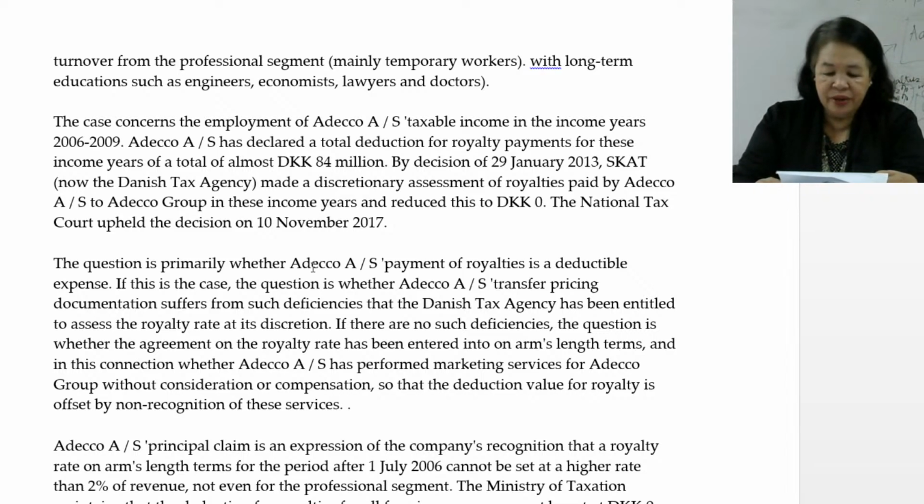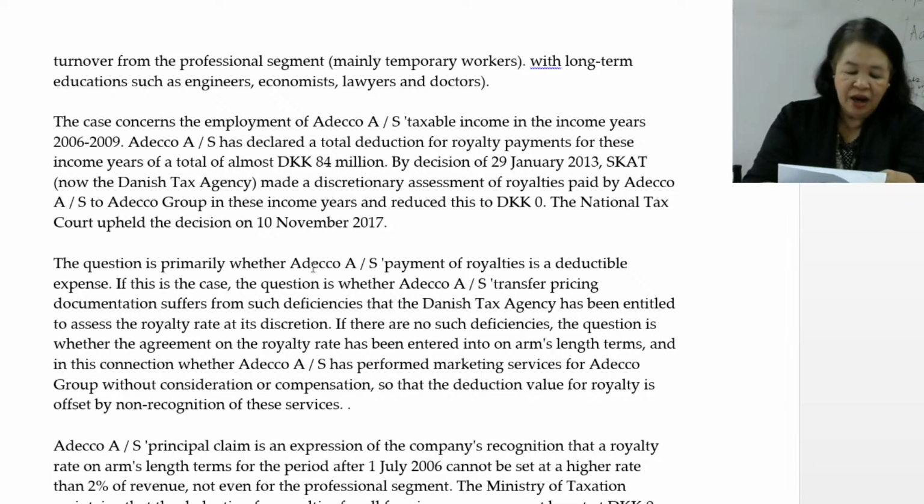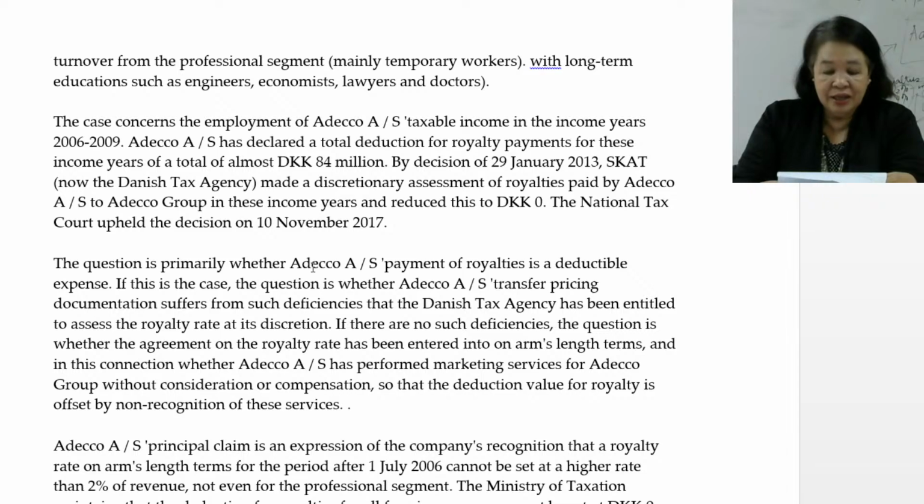By decision of January 29, 2013, SKAT, now the Danish Tax Agency, made a discretionary assessment of royalties paid by Adecco AS to Adecco Group in these income years and reduced this to 0, no? Talagang dinis-allow niya yung payment to royalties. The National Tax Court upheld the decision on November 10, 2017. Panalo siya doon sa Tax Court, National Tax Court, o yung sa atin, the Court of Tax Appeals.